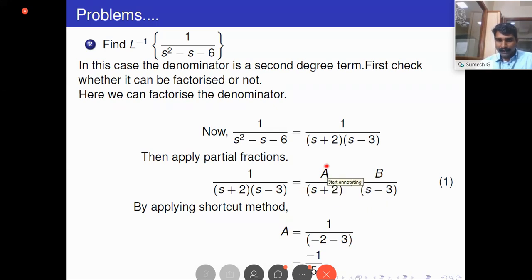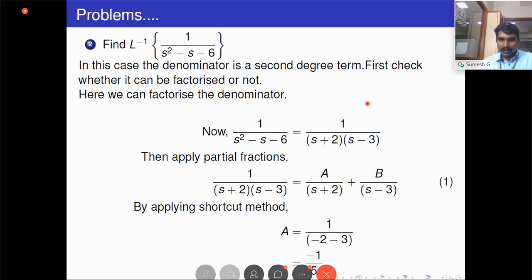First we have to find A. To find capital A, we substitute s equal to minus 2 in everything except the factor s plus 2. So here we have to replace s by 3, so A equal to 1 by minus 2 minus 3, equal to minus 1 by 5.